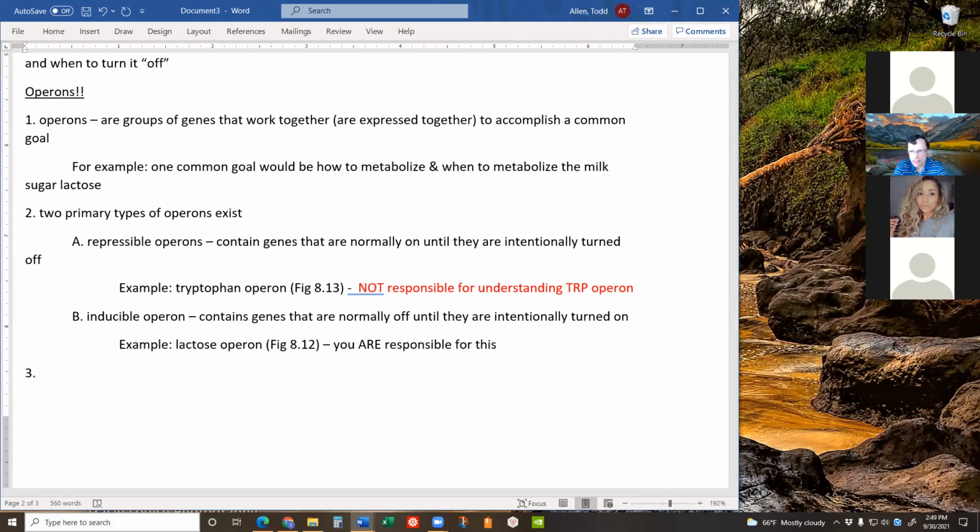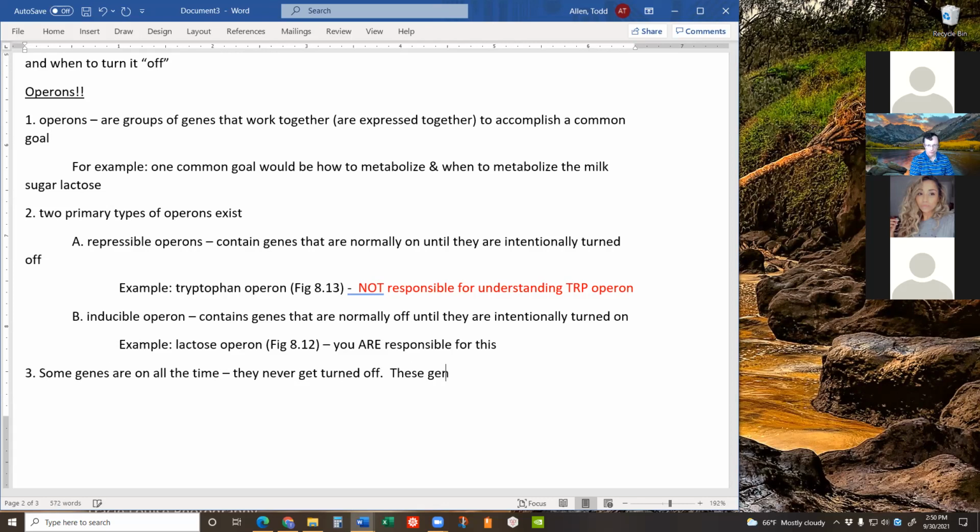It's kind of like a leaky faucet that never gets repaired. Some genes are on all the time.